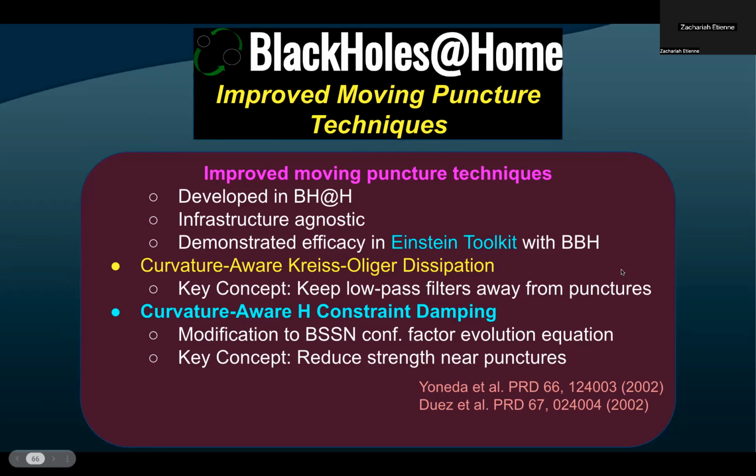So if you lower its strength, again by some power of the conformal factor, near the black holes and increase its strength farther away, you have a very effective means to dissipate any constraint violation generated by this outgoing lapse feature. This is not something applicable to Z4C or CCZ4, but it is very applicable to vanilla BSSN. Next slide.